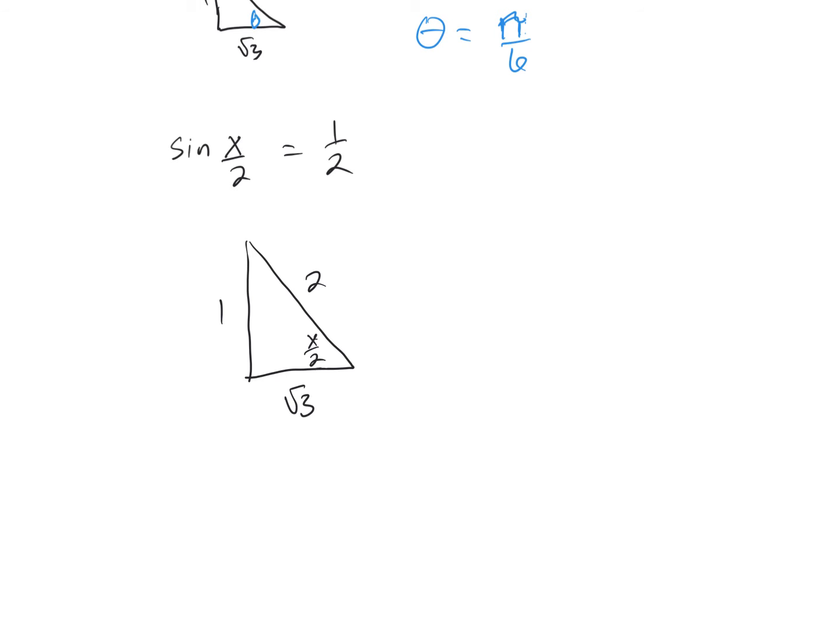So here, I know x divided by 2 must equal 30 degrees, or in our case, pi over 6, and x then must equal pi over 3. But we also have to be careful because there is more than one answer, because sine is positive in multiple quadrants, right?